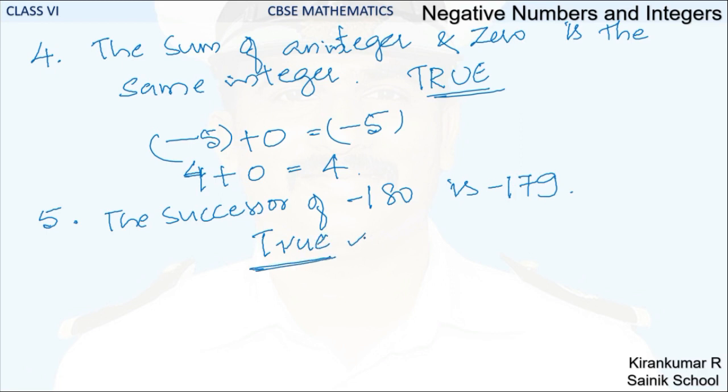The reason is minus 180 is to the left and minus 179 will be towards the right of minus 180. As we move on the number line towards the positive direction, the value increases. So the successor of minus 180 is minus 179.